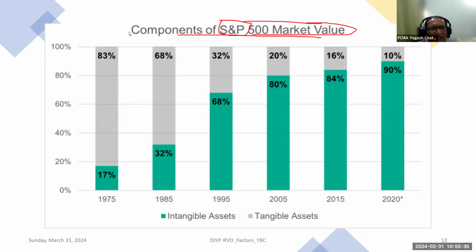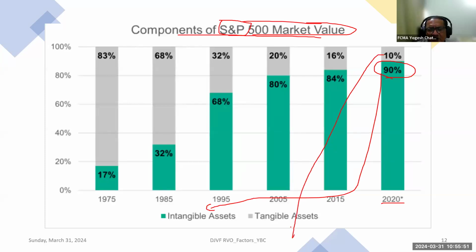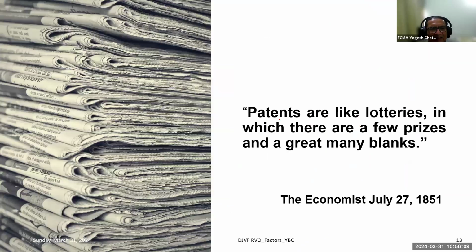And in 2020, these companies derived 90 percent of their value from intangible assets, and only 10 percent of their value from tangible assets. Now you see, in 1975, only 17 percent came from intangible and 83 percent was from tangible assets. How this ratio has changed is highlighted here.